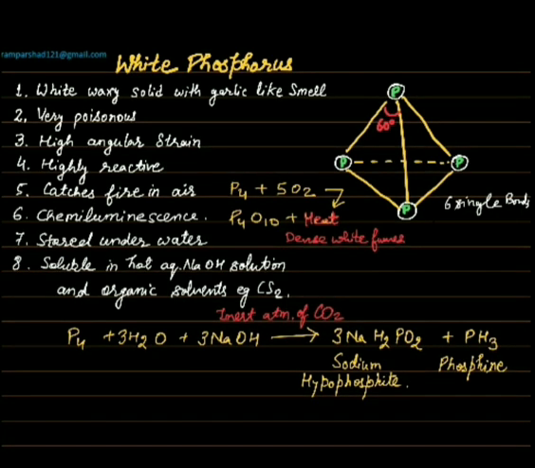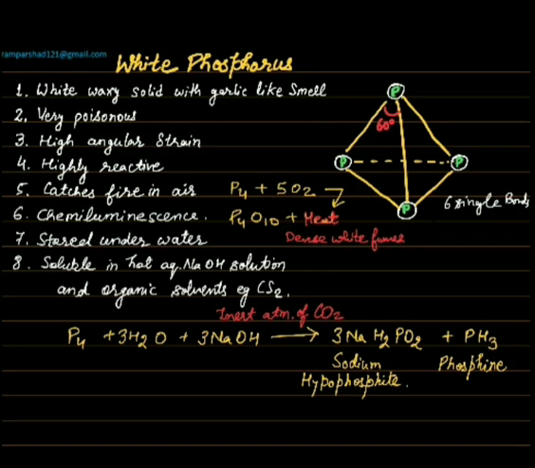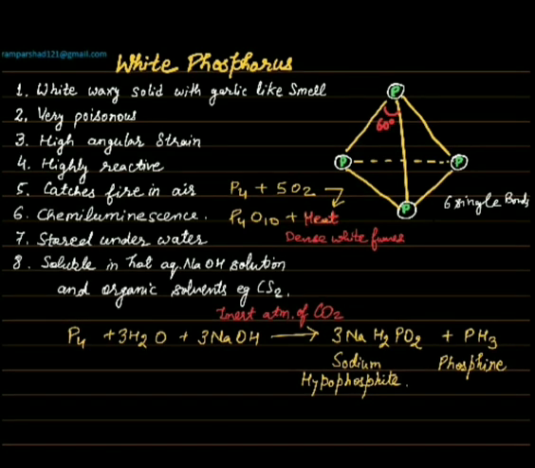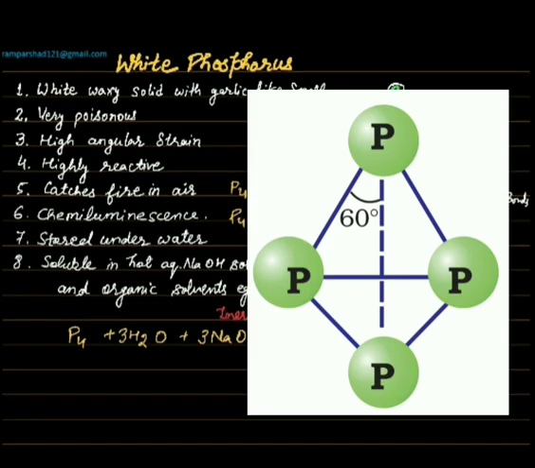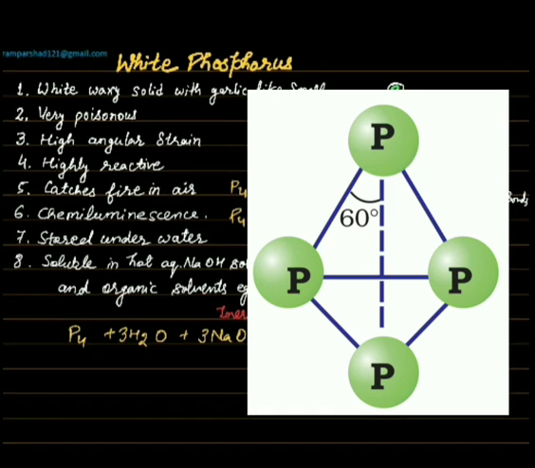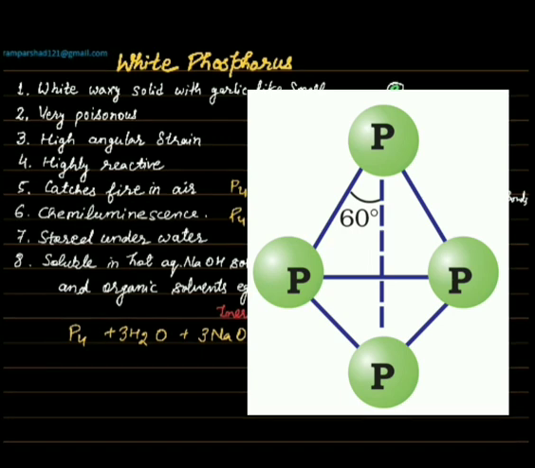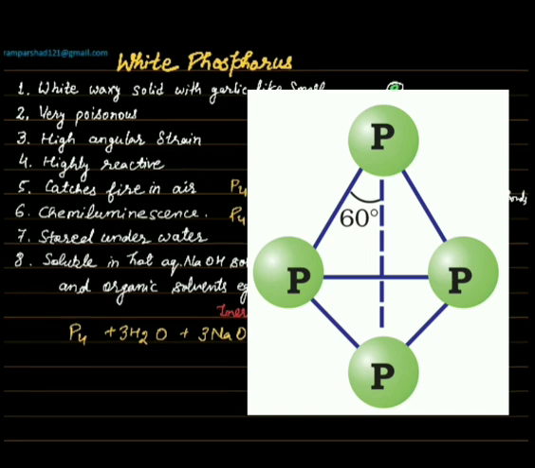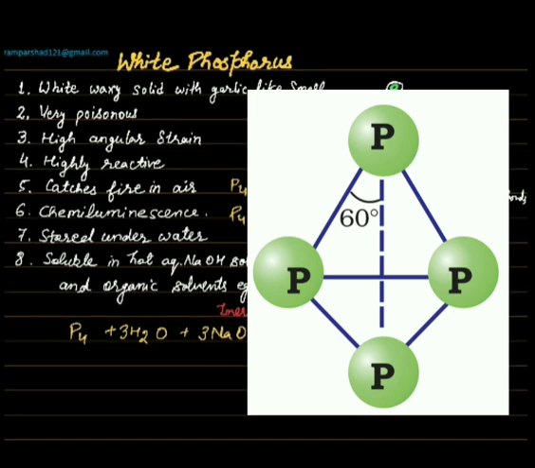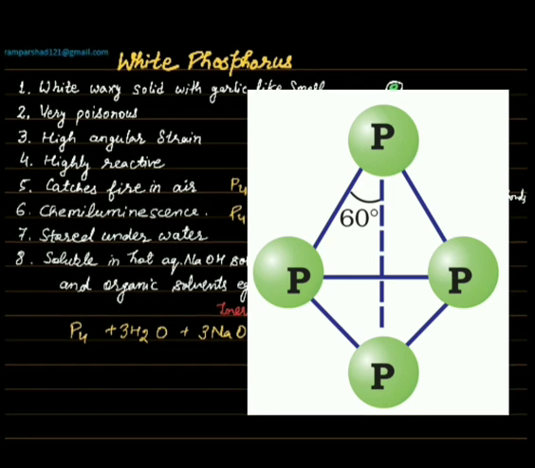When we see the structure of white phosphorus, we find that it consists of 4 phosphorus atoms joined together in a tetrahedral structure. Each phosphorus atom is bonded to 3 different phosphorus atoms, and there are a total of 6 single bonds in the whole P4 molecule. The angle strain is very high, that is 60 degrees, which makes it very reactive.